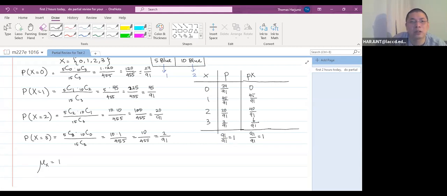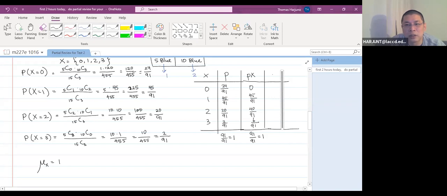Now, how about the standard deviation? To get the standard deviation, I need to extend this using the second extension, that is x squared and p(x) times x squared. 0 squared is 0. 1 squared equals 1. 2 squared is 4. 3 squared is 9.